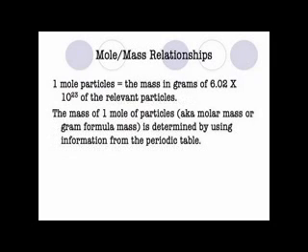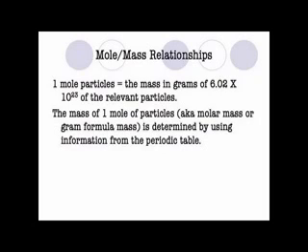The relationship between the mole and the mass in grams is very important in chemistry. It's impossible for us to count atoms individually. There's just not enough time available to us to do that. So we represent large numbers of particles by this unit called the moles, and then we relate them to the mass in grams.